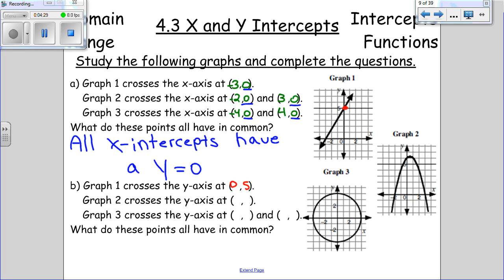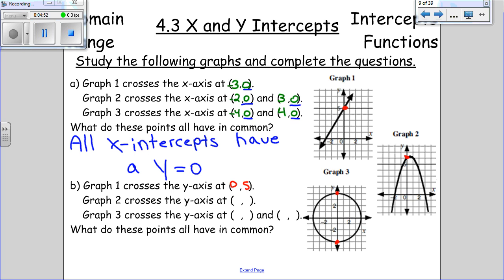So for the y-intercept, the first one was at 0, 5. So I started at 0, then I went 5 up. I want you to try to find the next 3, if there is. So there's 1 in graph 2, and there's 2 for graph 3. And then I want you to fill in the blanks that they've left for you.